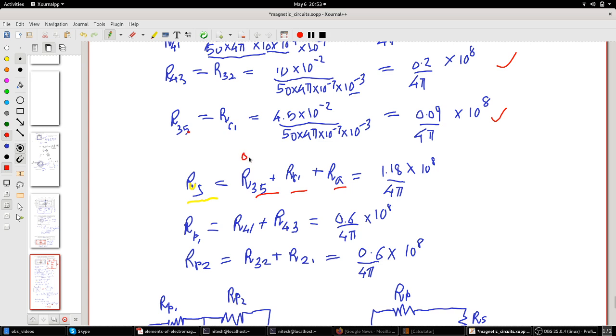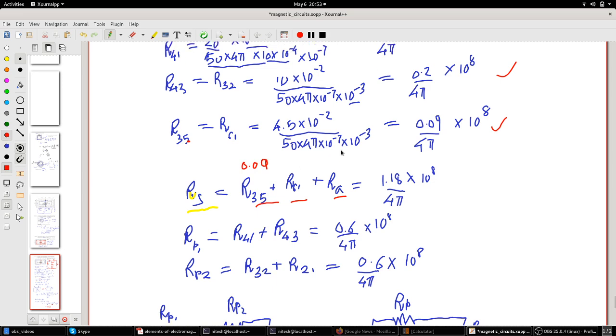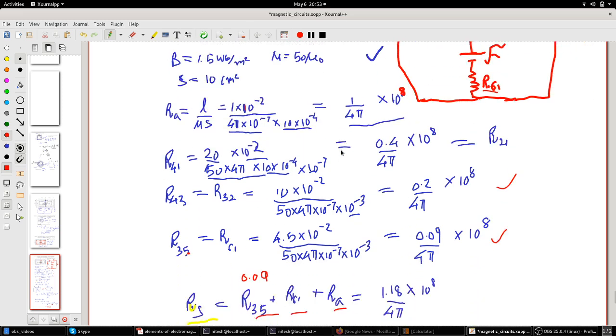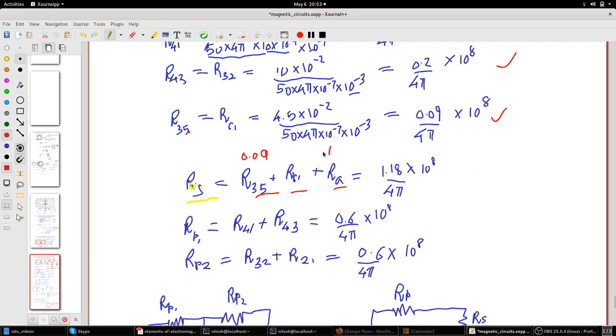R35 and R61 are 0.09, both are 0.09, and RA is 1, 1 into 10 raised to 8 divided by 4 pi. So if I add the 3, I get a value of 1.18 into 10 raised to 8 divided by 4 pi.